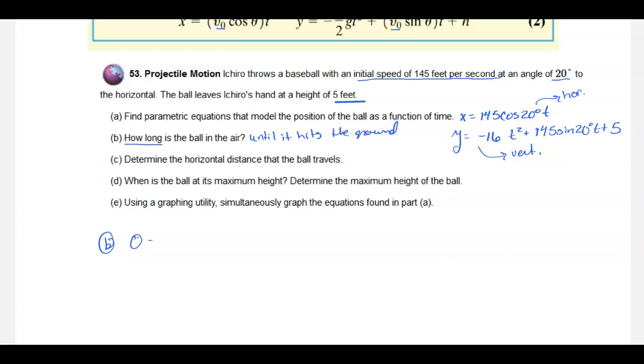We're going to set 0 equal to negative 16t squared plus 145 sine of 20t plus 5, and we're going to solve that equation. So I'm going to go to Desmos to do that.